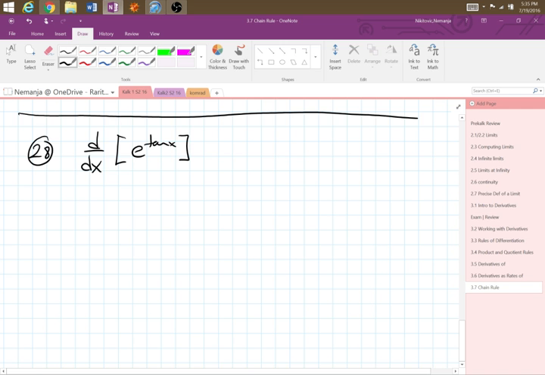Take e to the tangent of x. If this was e to the x, the solution would just be e to the x, and I'm done, right? But it's e to the tangent of x. So you look and say, if I am to plug in a number for x, what is the first thing that I would have to compute? That's the inner function. Then the result of that is computed in the outer function.